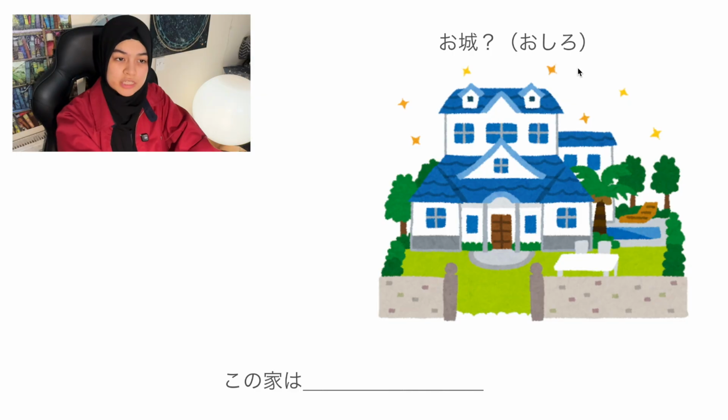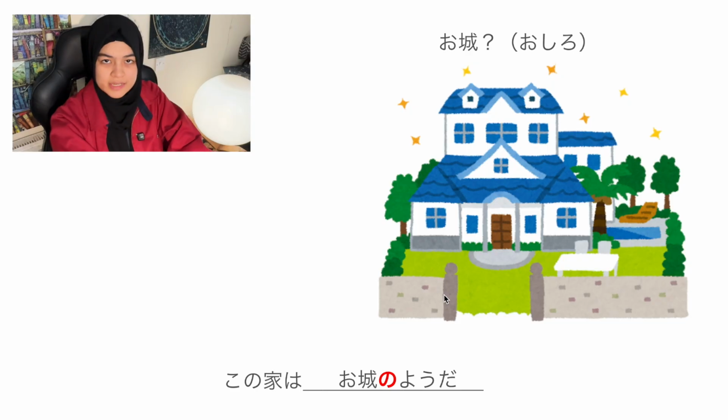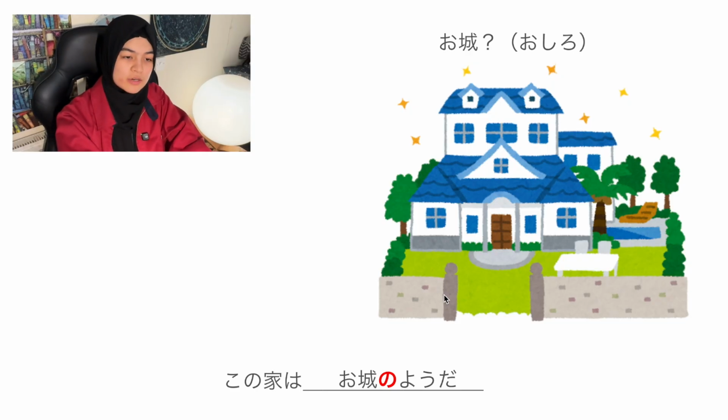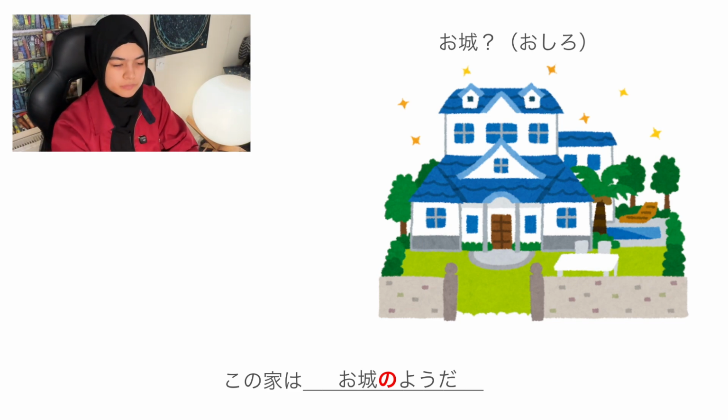So that is お城. What we're going to do is we're going to put a no after お城 and add ようだ. この家はお城のようだ. So what that means is this house seems like a castle, or the appearance of this house is that of a castle. So meaning-wise, it's the same. It's just you're comparing a noun with a noun.